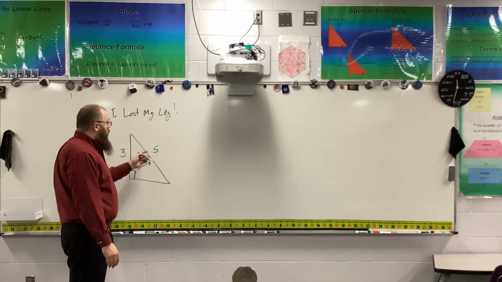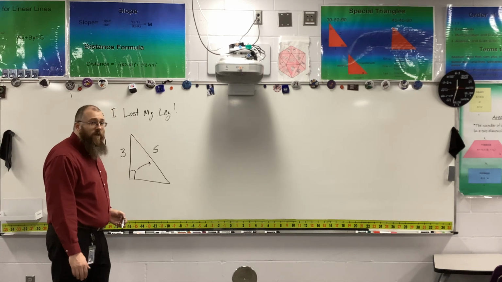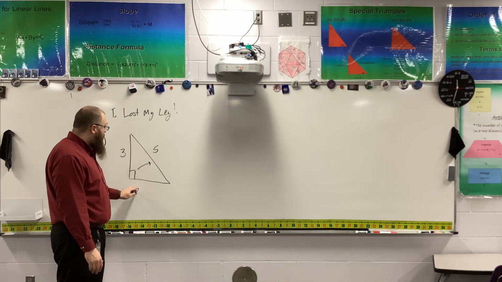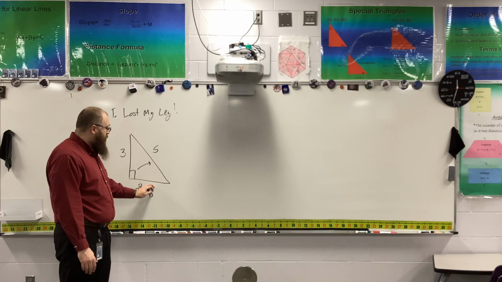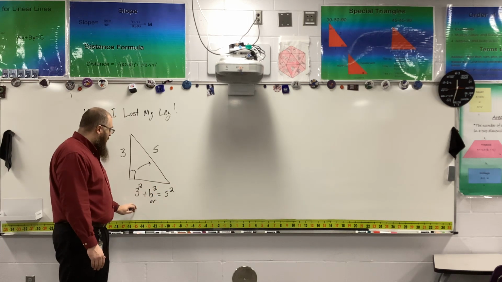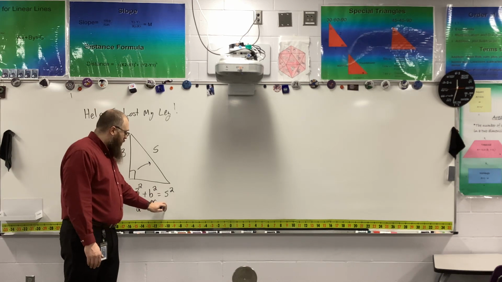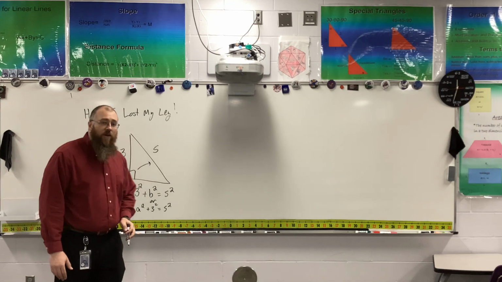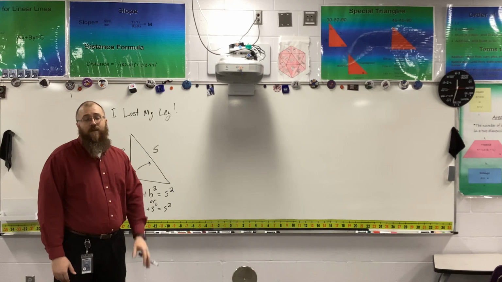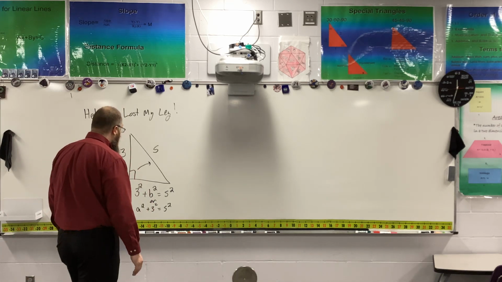When we set up our Pythagorean theorem here, it does not matter what position we put our 3 in, but our 5 has to be C. So we can say 3 squared plus B squared equals 5 squared, or we can say A squared plus 3 squared equals 5 squared. It really doesn't matter if you want to call 3 A or B, but 5 has to be C. Our hippo must be in the right position, otherwise our problems will be wrong.